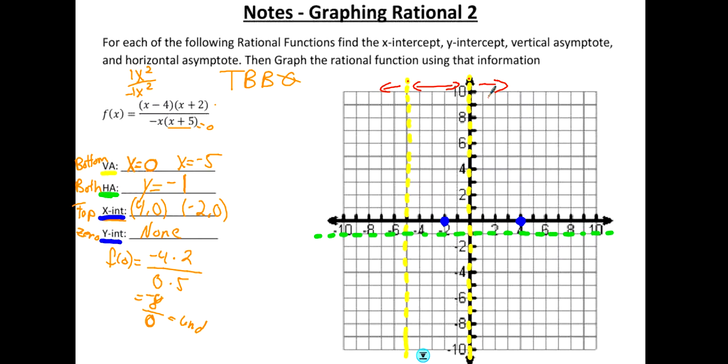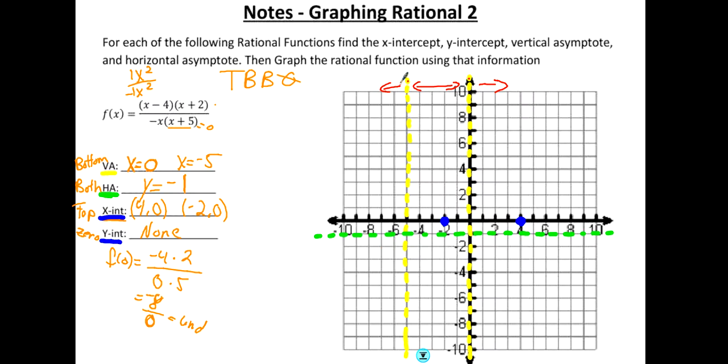Okay. Now, I have 2 options. On this left side, it's either going to be up here where it comes down and follows my horizontal asymptote, or it comes up this vertical one and follows my horizontal. And again, we've been talking about what's not there is just as important as what is there. Okay?